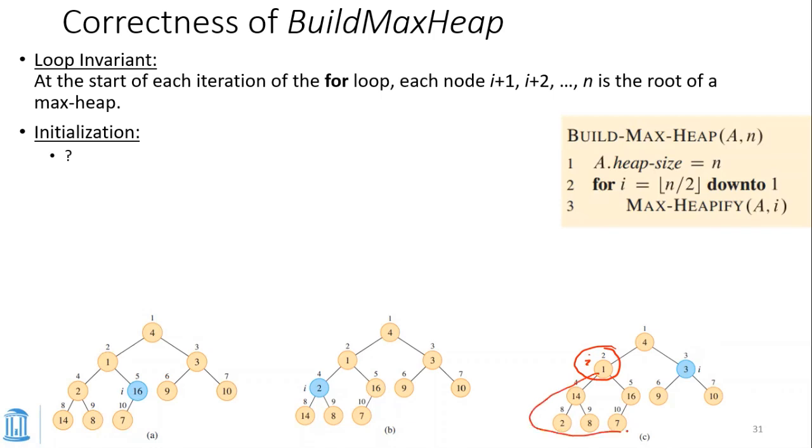And you're saying all its children are max heaps. Is that all you can say? I mean, that's correct, but is that a good enough loop invariant? What are you neglecting?